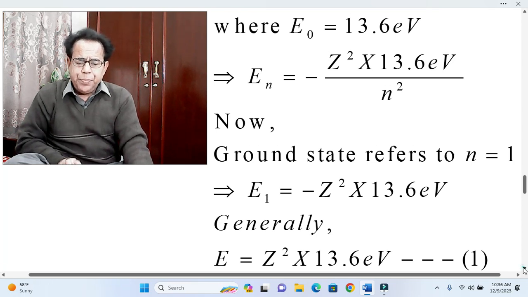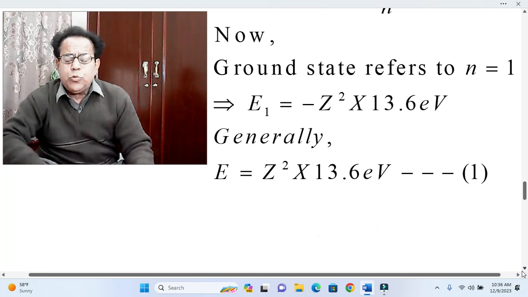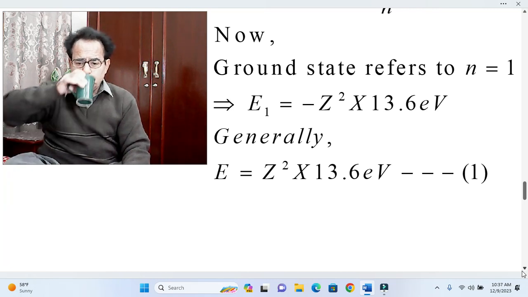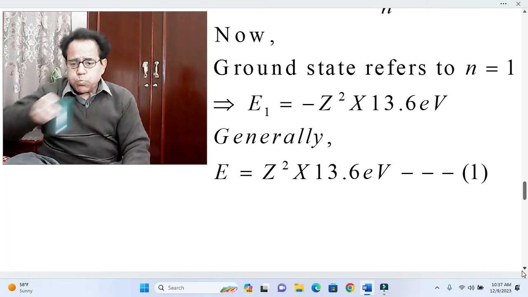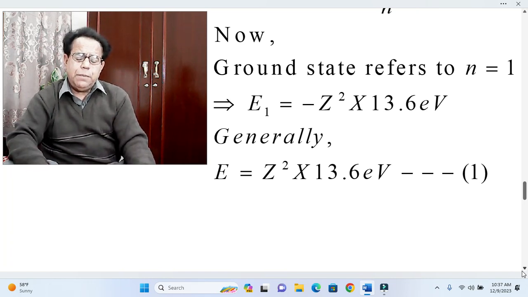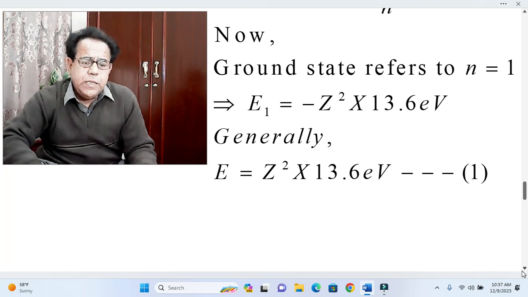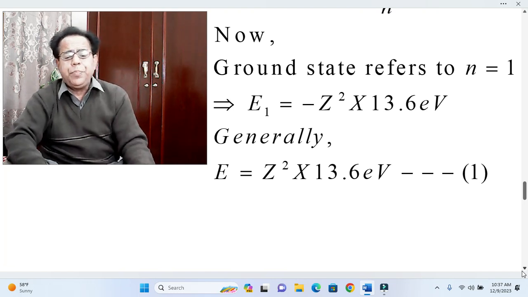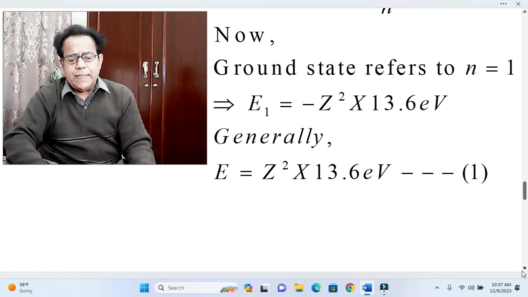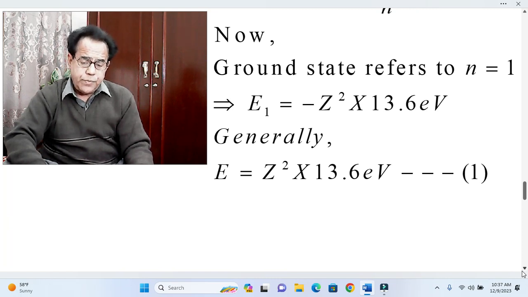Generally E equal to Z square into 13.6 electron volt. Dear students, one generalization we have made is that in place of E1 we have used simply E, because we are not concerned with E2, E3, E4, E5, we are only concerned with E1, so it has been generalized as E. Moreover, we have taken positive sign.